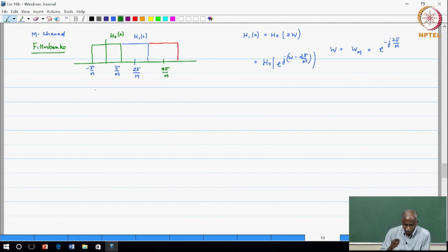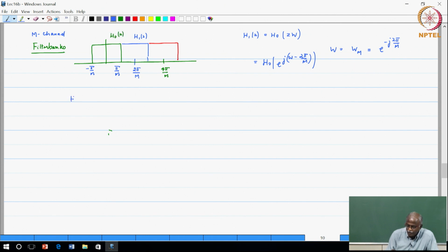Now, here is where what we have studied with multirate comes into play in a very elegant way, and this is where we will go a little slow, but it is very important that we understand and follow the thought process.